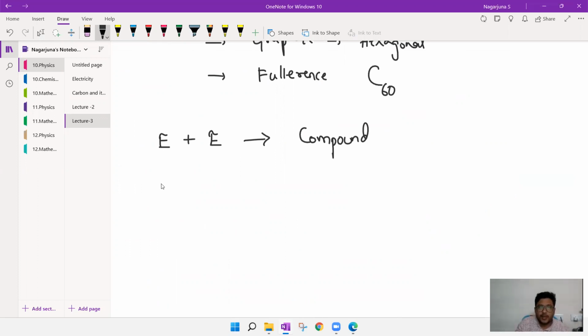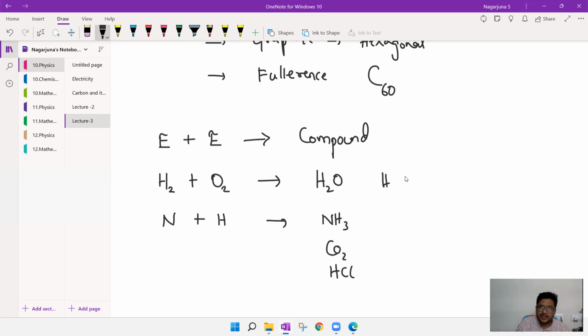For example, hydrogen combining with oxygen, hydrogen plus oxygen, forms the H2O compound or molecule, right? Nitrogen can combine with hydrogen to form the ammonia compound. Same like that, we get carbon dioxide, hydrochloric acid, H2SO4 for sulfuric acid. These all are compounds. So what is meant by compound? If one element is combining with another element, we get a compound.